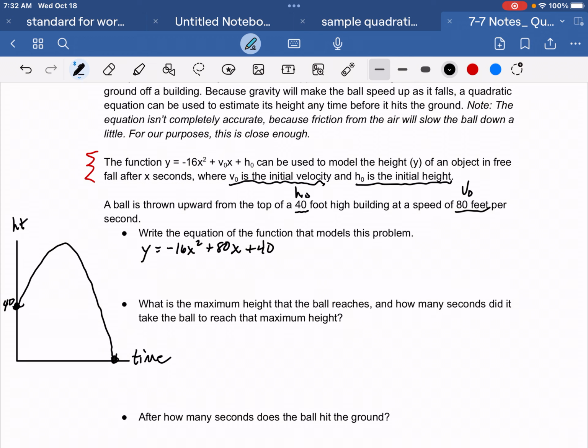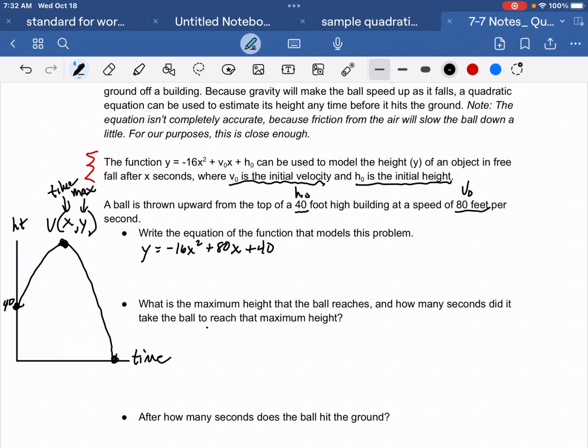Well, this parabola has a vertex with an x and y coordinate. The y coordinate would be the maximum height, and the x coordinate would be the time it took to reach that maximum height. So whenever you read a question that asks what was the maximum height that the ball reaches, that means we want you to find the vertex.